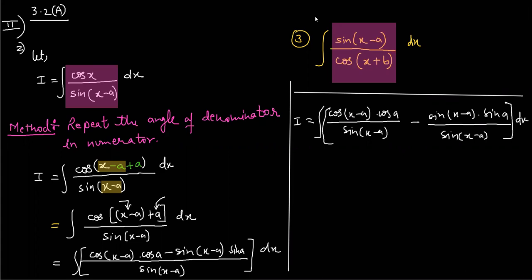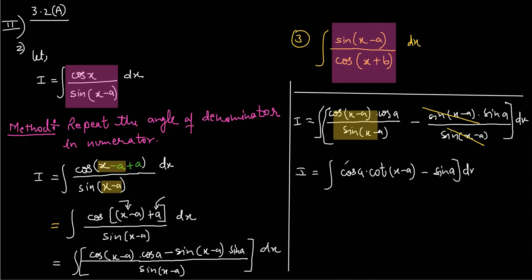Next, this sin of x minus a cancels, and for the first term, cos of x minus a upon sin of x minus a, you get cot of x minus a. So you get I equals to the integral of cos a cot of x minus a minus sin a, dx.